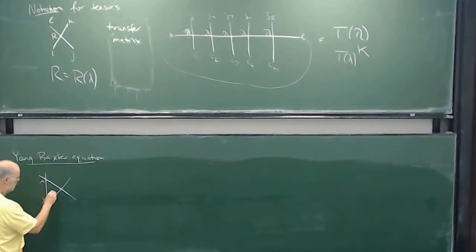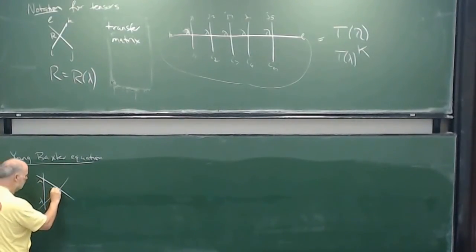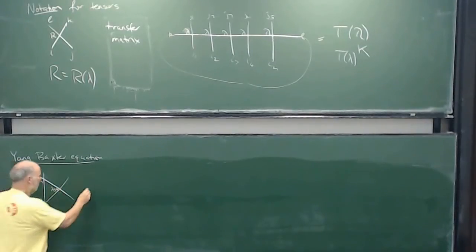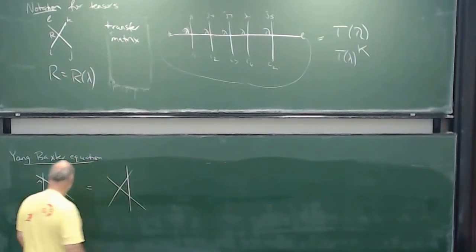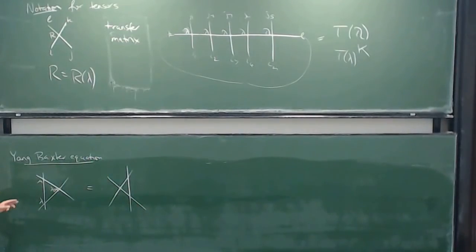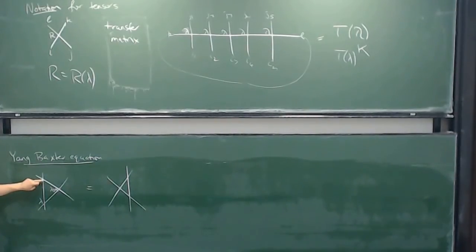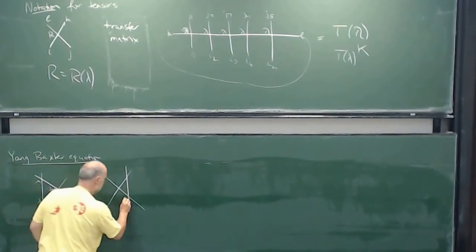And the equation says that there's another value which we can call lambda plus mu, and it's equal to. All right, so I want to put it on the right-hand side. These crossings, this crossing here is between this string and this string, so that lines up with this one here, and this is mu.